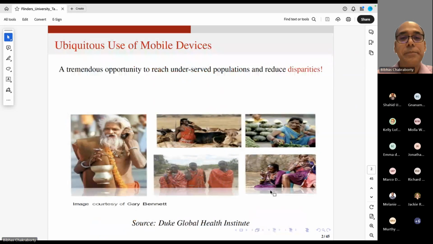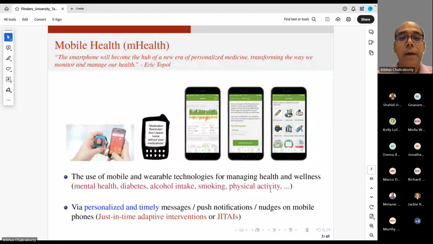As you know, mobile phones are everywhere, which presents an opportunity to reach underserved populations and reduce disparities. With that, we have this field called mobile health, or mHealth in short. Basically, it involves the use of mobile and other wearable devices and technologies for managing one's health and wellness.